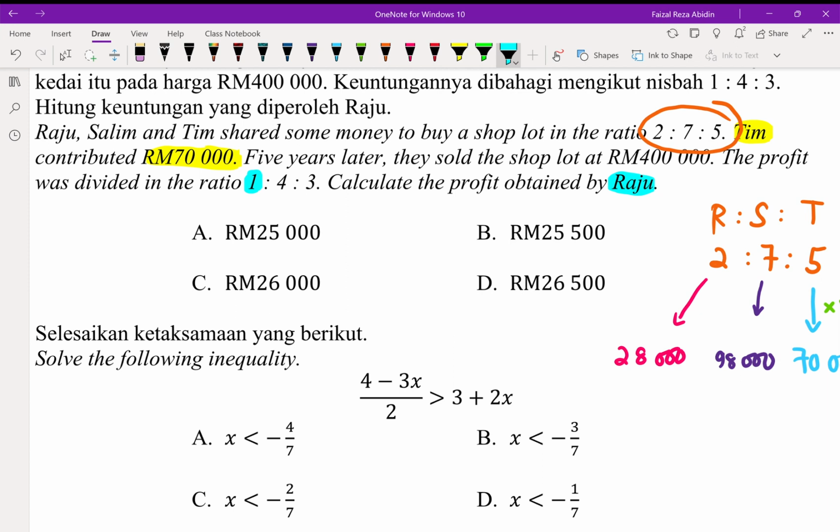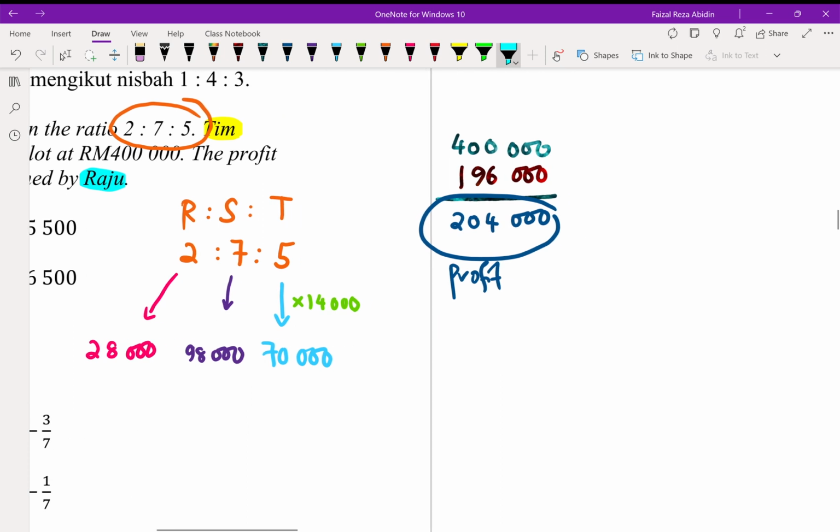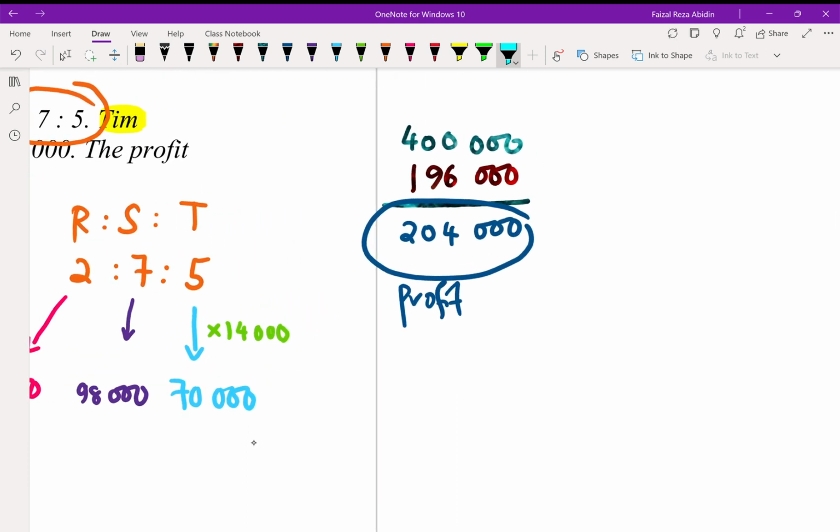So how did I want to find the portion of Raju? How come 28? 28 no need again. You are going to find the profit here is 204,000. The ratio is going to be what? Raju, Salim and Tim is going to be what? 1 to 4 to 3.